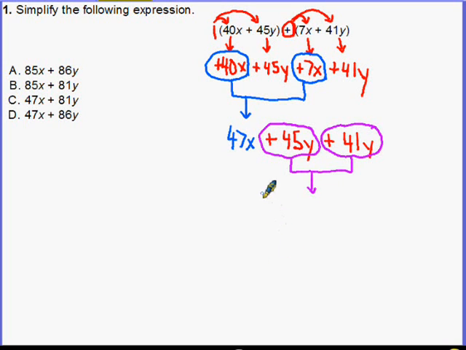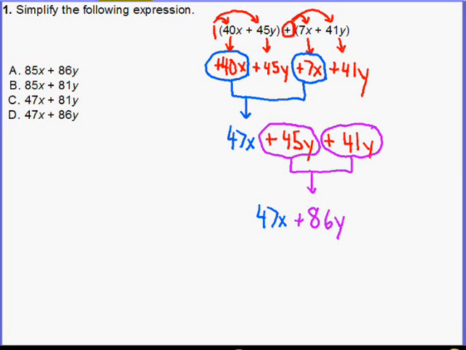So what I'm left with now, I still have that 47x, see from up here. But now, if I have 45 y's and I add 41 y's, I'm going to be left with a positive 86 y's.